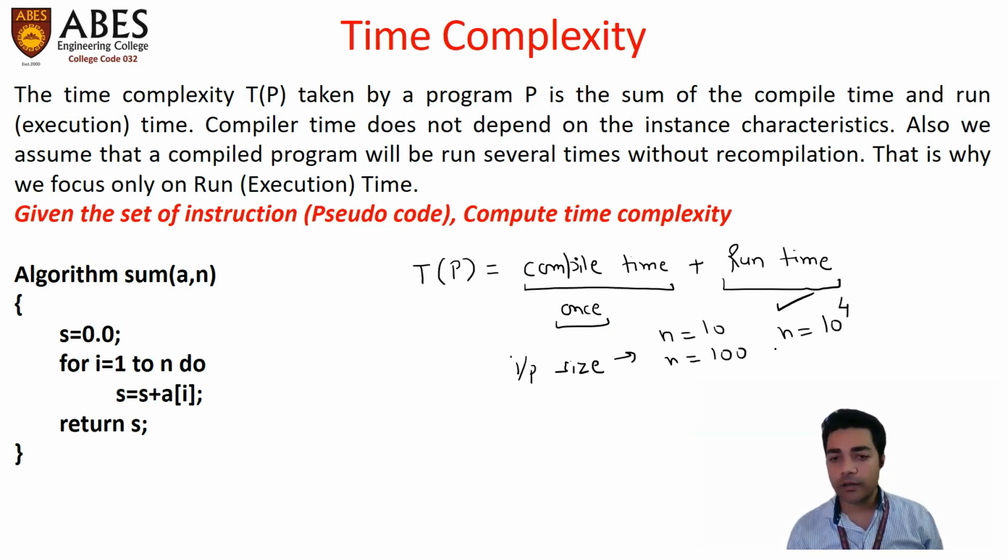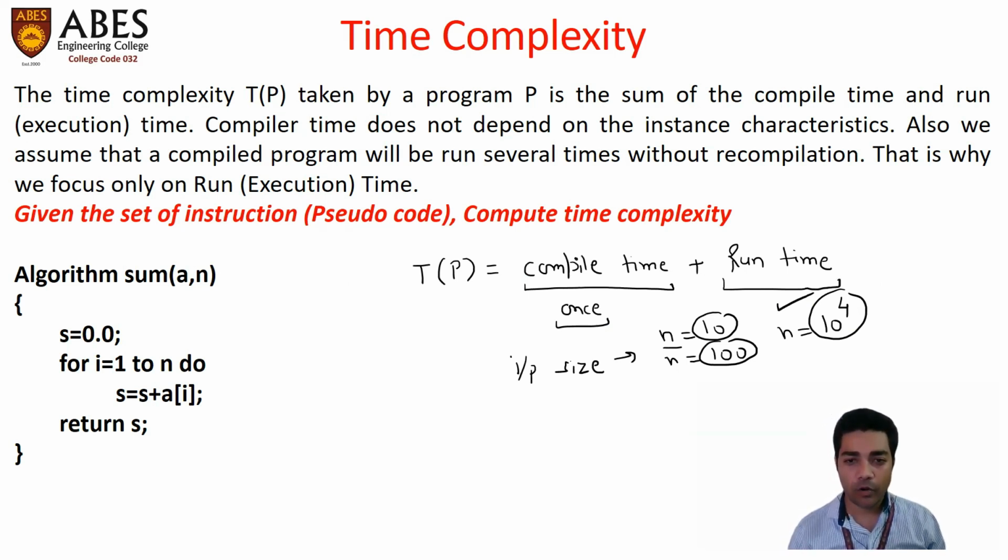It may increase or decrease. So for example, I have a problem to add n numbers. Then sometimes 10 numbers may come, sometimes 100 numbers, or sometimes 10 to the power 4 numbers may come.